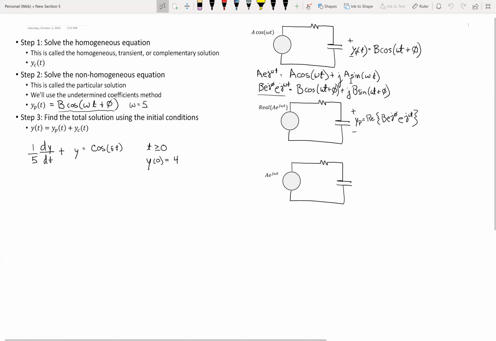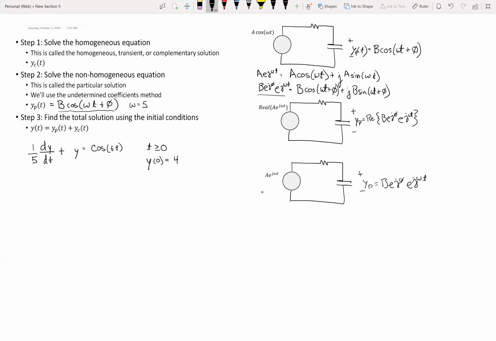Because these two circuits are identical, we could just do our analysis using what we call the dynamic phasor, A e^(j omega t). If we consider that to be our input, then what we're going to get across here for y_p is b e^(j phi) e^(j omega t).